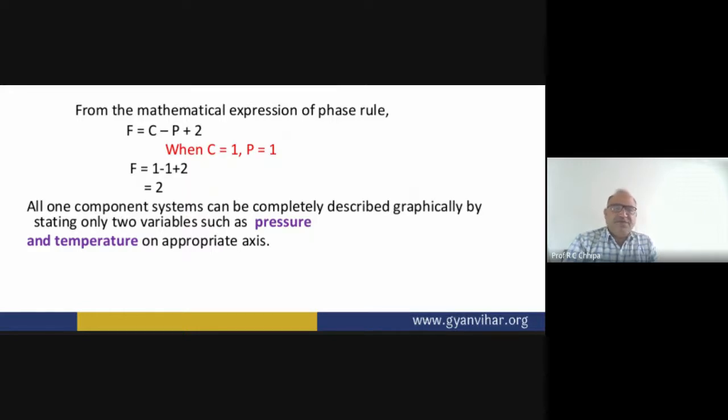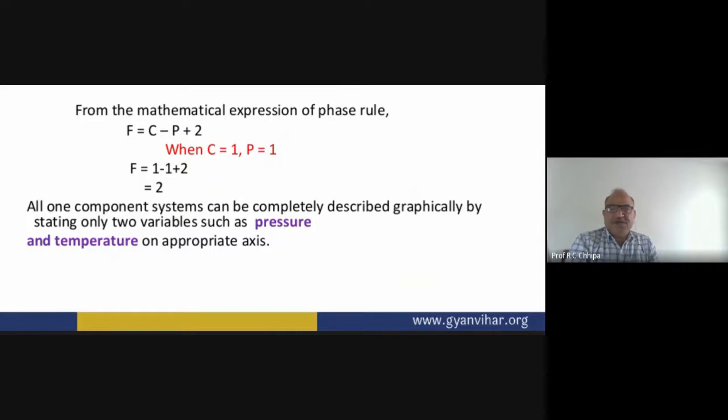When we have the number of components 1, for example, water, in the case of water, the liquid phase is 1, because that is whole water. So here the whole concern is only the relation with the water. Therefore the number of components is 1, and the degree of freedom can be calculated by the mathematical expression of the phase rule.